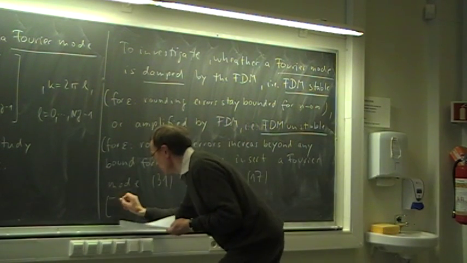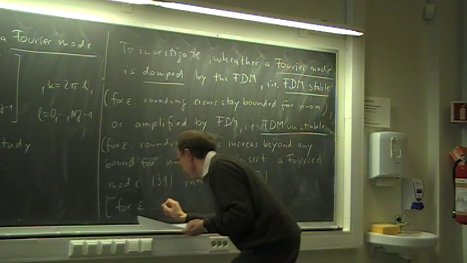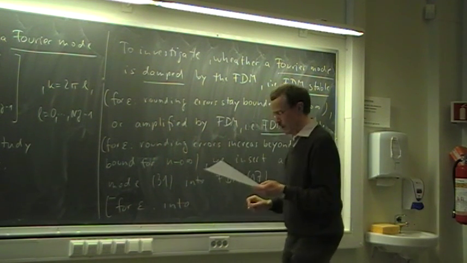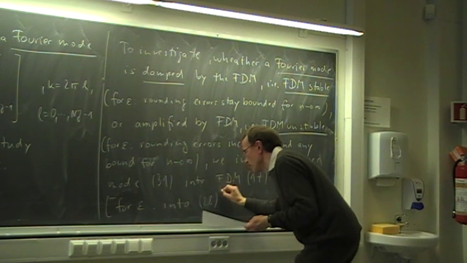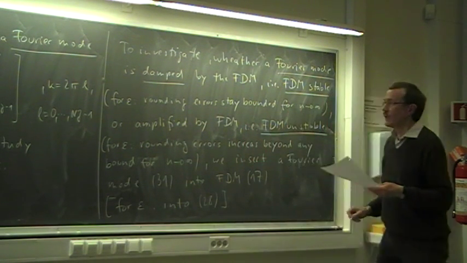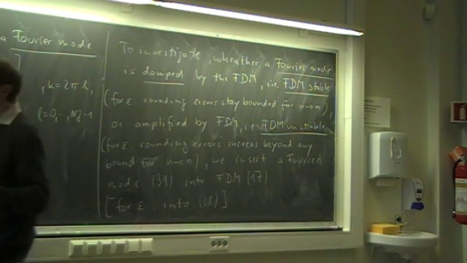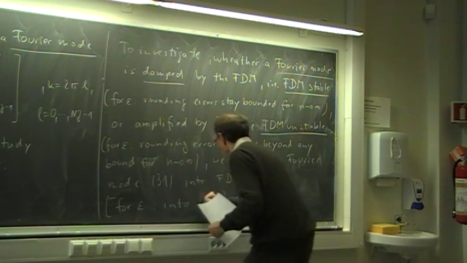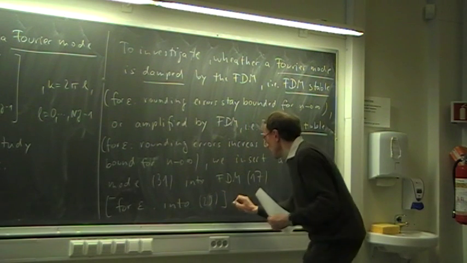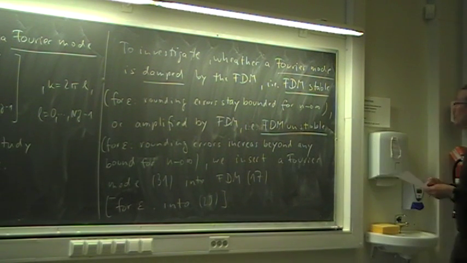We should remark for epsilon, we would insert it, I think it was into 28. I think that was our finite difference. Let's see if I'm right. Yes, I'm right. I think it was 29. Okay, so that is what we check.